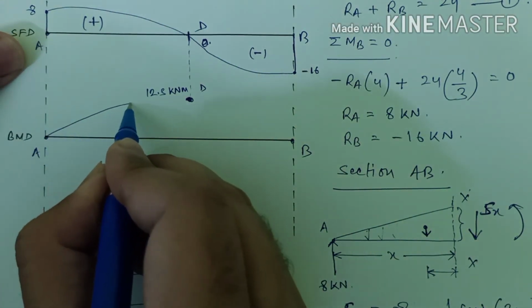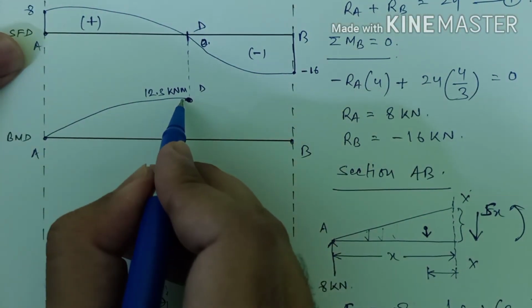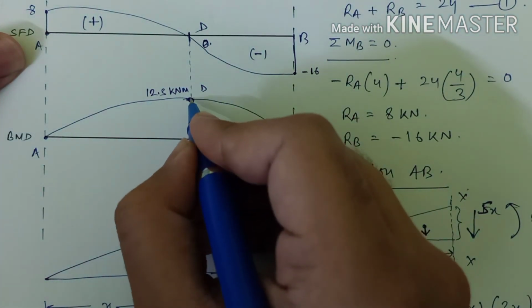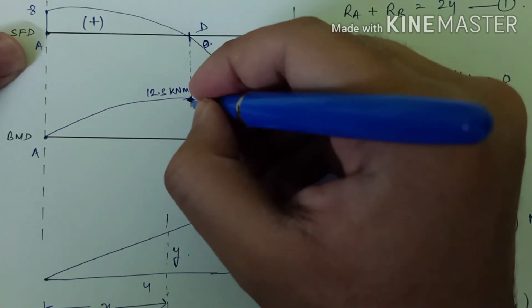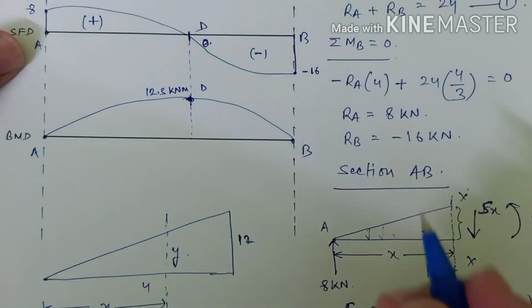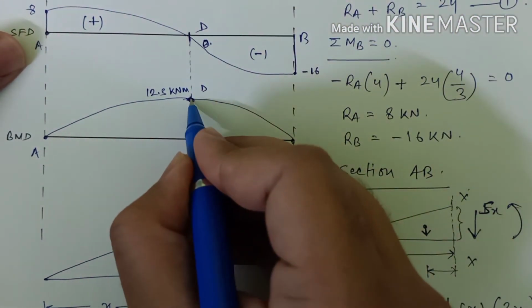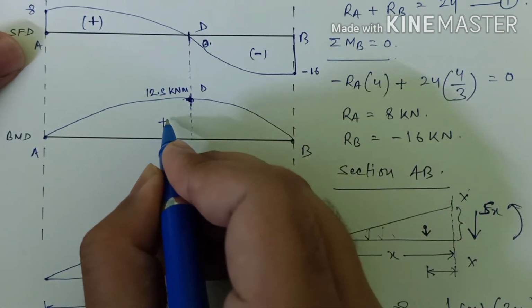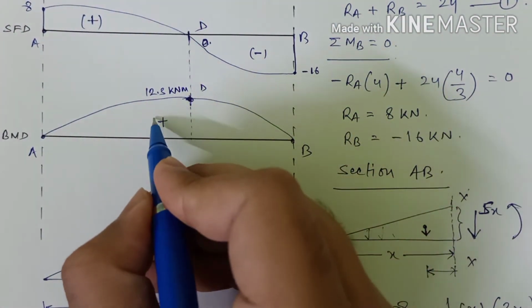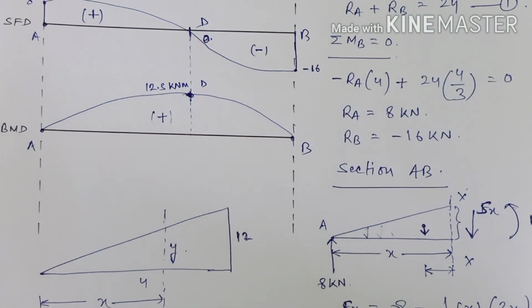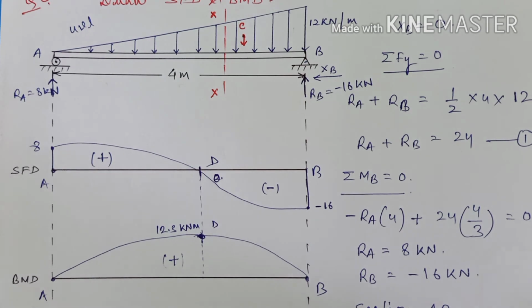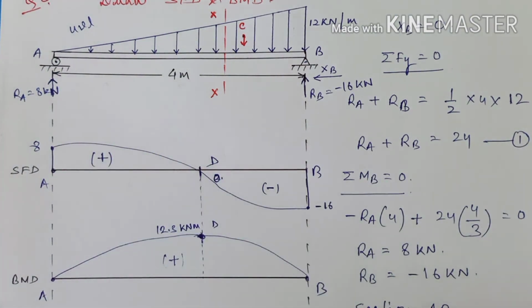So this will be somewhat like this. It's not so precise, but fine. This is our maximum bending moment, and the bending moment across the beam is positive. This completes our SFD and BMD on this UVL, that is uniformly varying load.